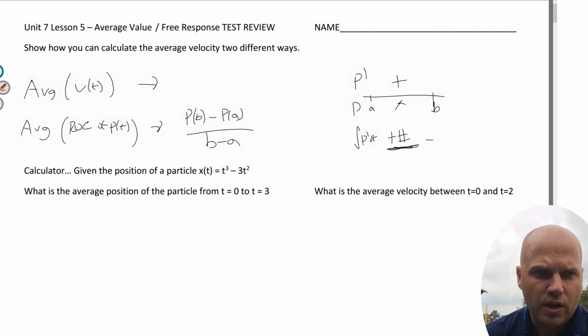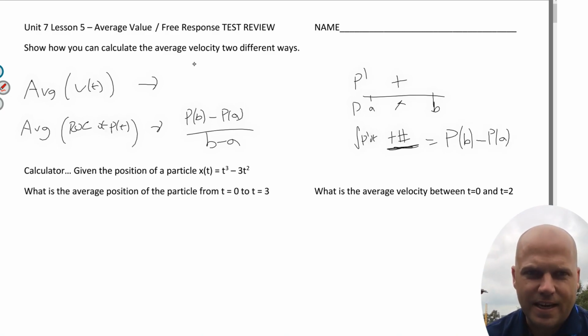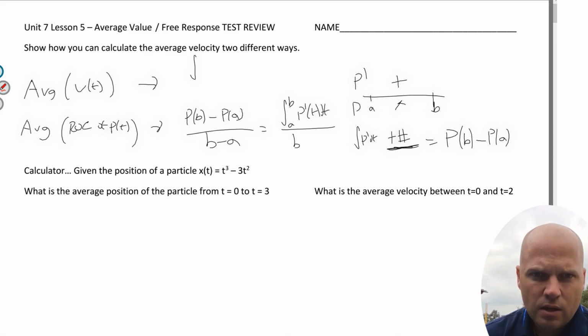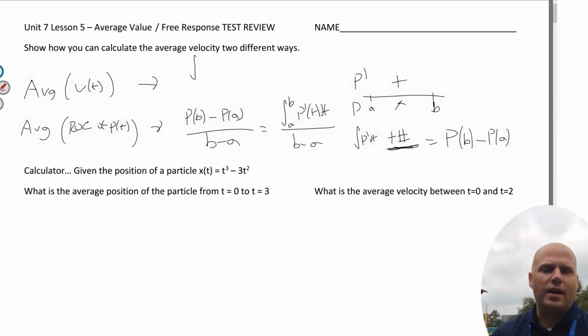This number equals the displacement of position. And we get this idea that if you want an average rate of change of position, you could have actually just accumulated your derivative, your velocity, and divided over your interval.